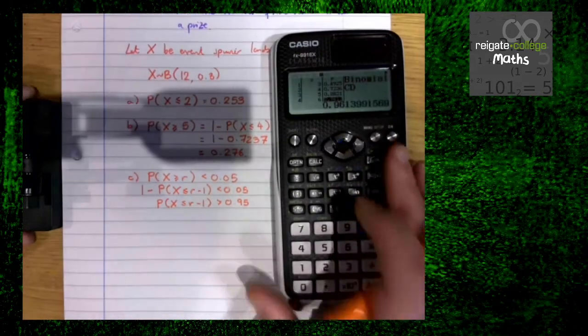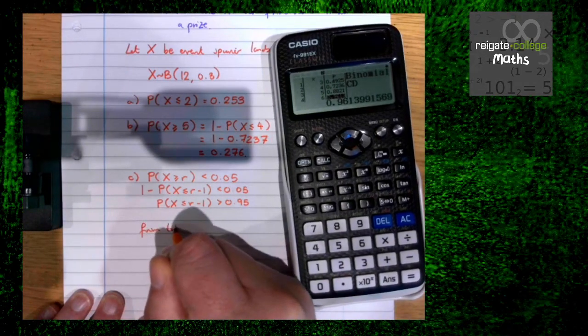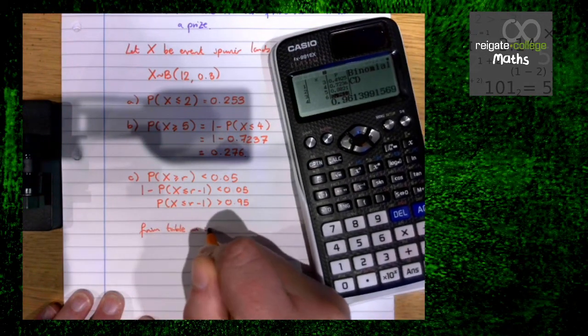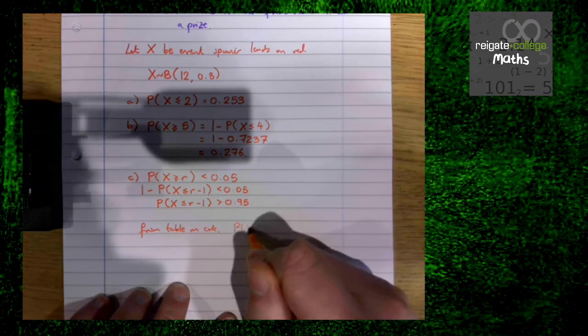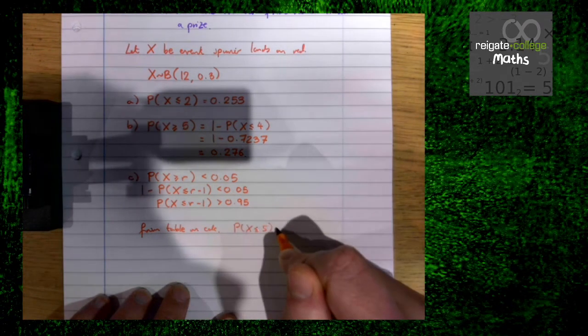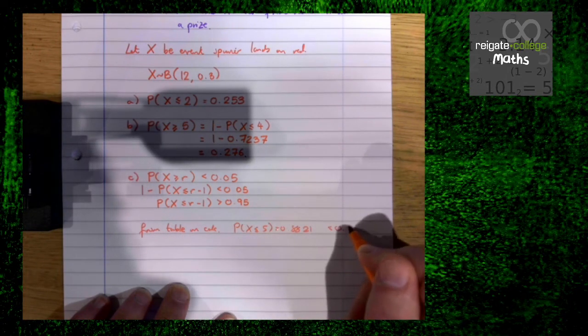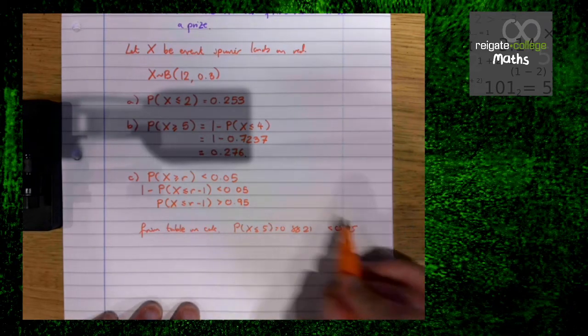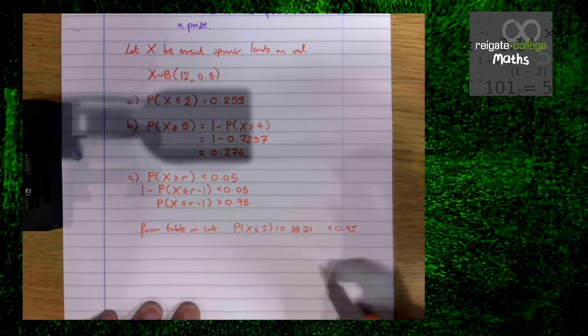So we know from the table on the calculator that the probability that x is less than or equal to 5 is 0.8821, which is less than 0.95. This is important to say, this is the one that we ignore. This is the biggest value of x that we can ignore.